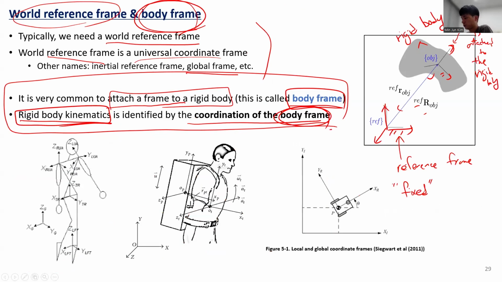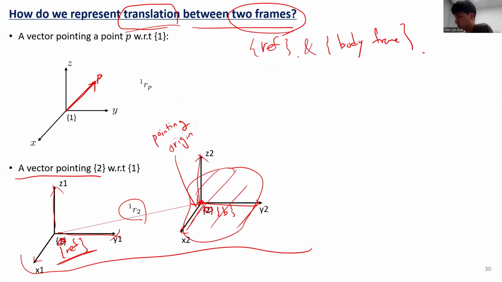Before going to the rotation, I have to tell you the notation. This is a vector R pointing to P with respect to frame 1.